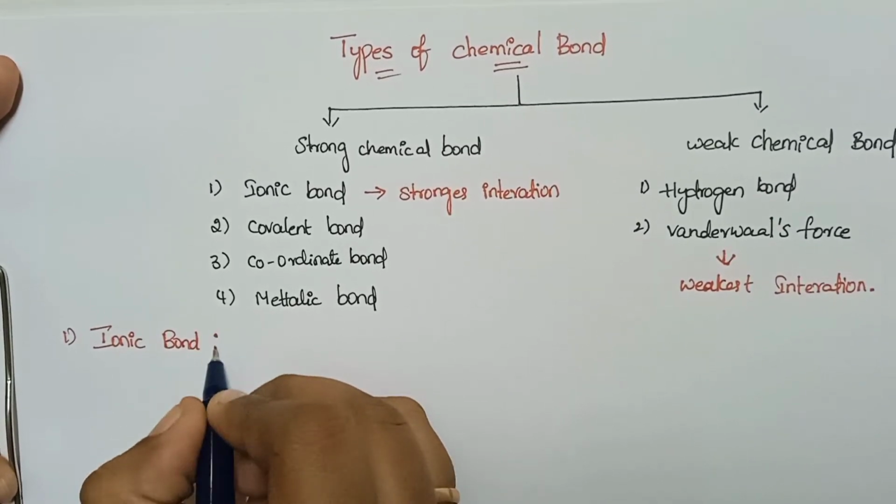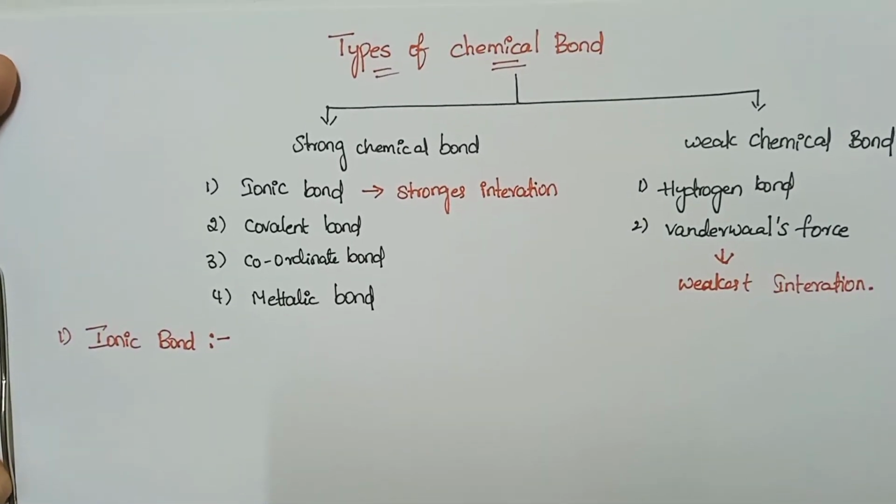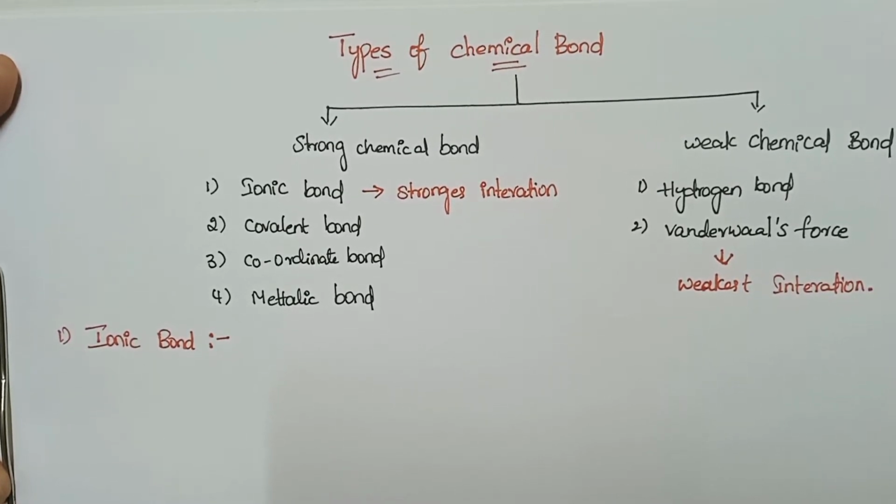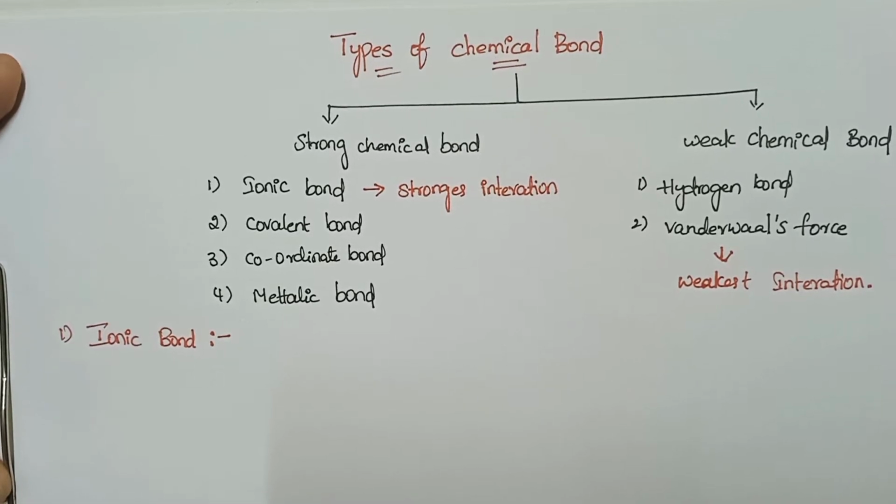ionic bond. So what is ionic bond? Chemical bond which is formed by complete transfer of electron from metal atom to non-metal atom is known as ionic bond.